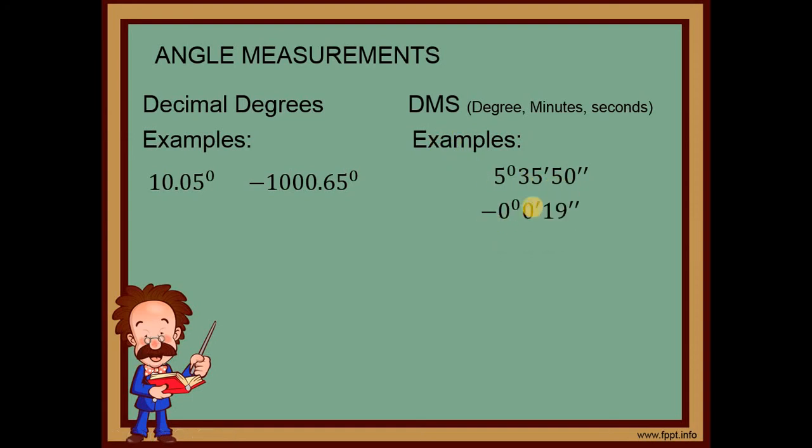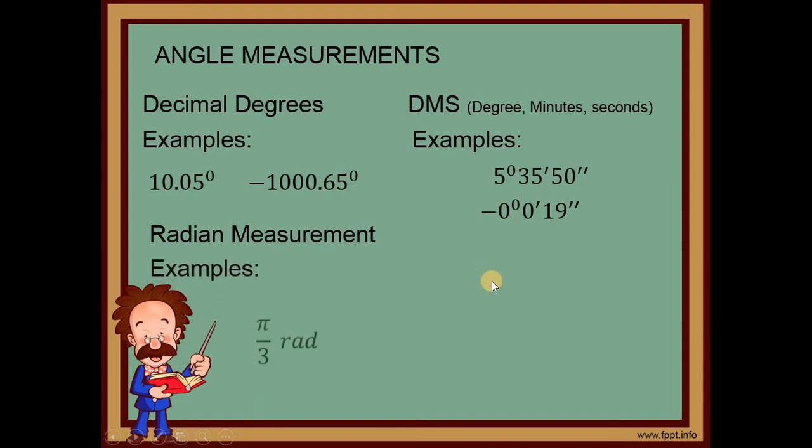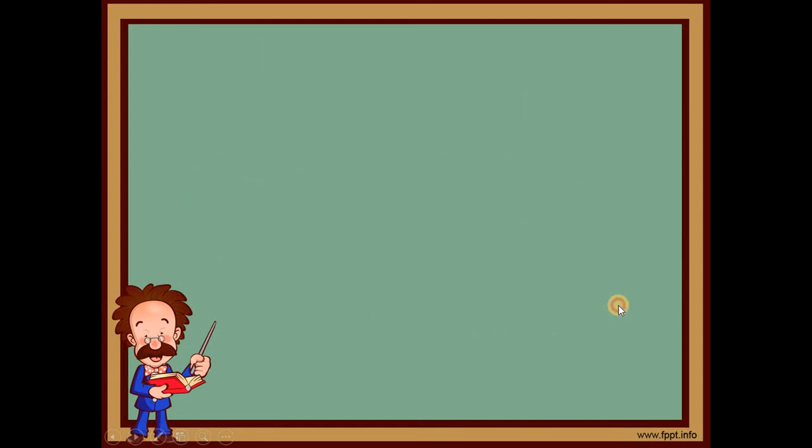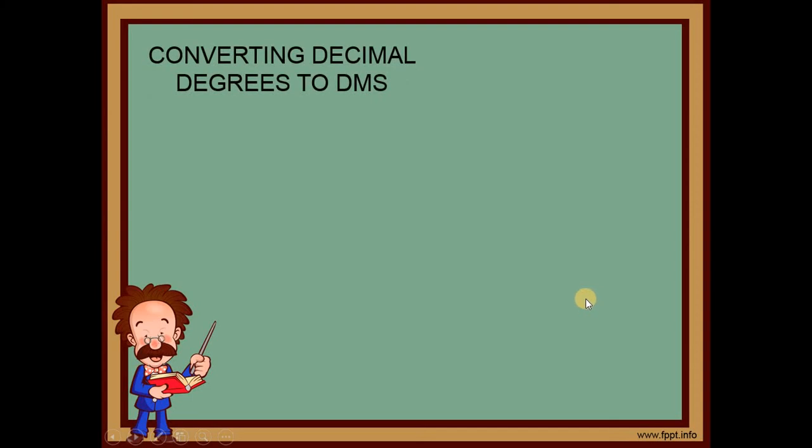Another, we have negative 0 degrees, 0 minutes, and 19 seconds. Also, meron din tayong tinatawag na radian measurement. Ito yung mga example ng radian measurement. We have pi over 3 radians, negative 5 over 13 radians, negative 143 pi radians, and so on and so forth.